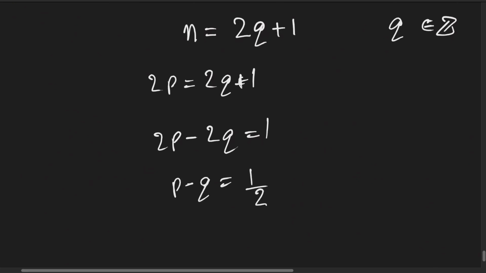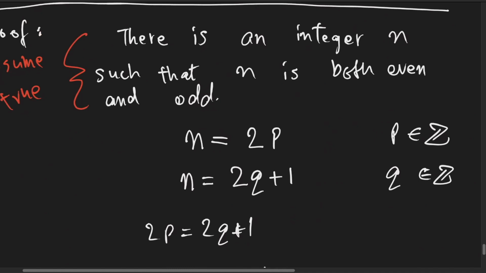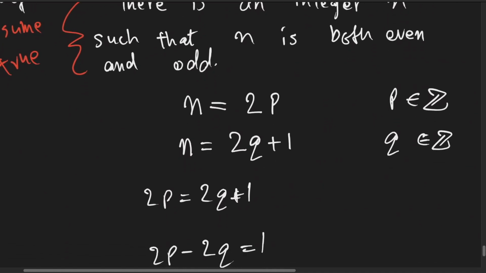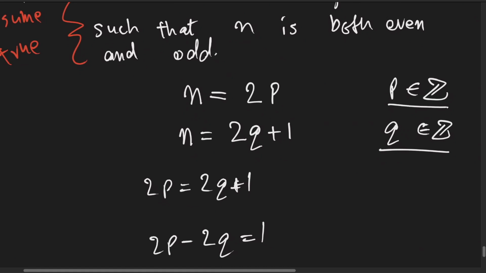Now, here we assumed that there exists an integer that is both even and odd. And that led us to the statement that p and q are 2 integers. Now we know that the difference between two integers is an integer itself. So if you subtract 2 integers, then the resultant number would also be an integer.